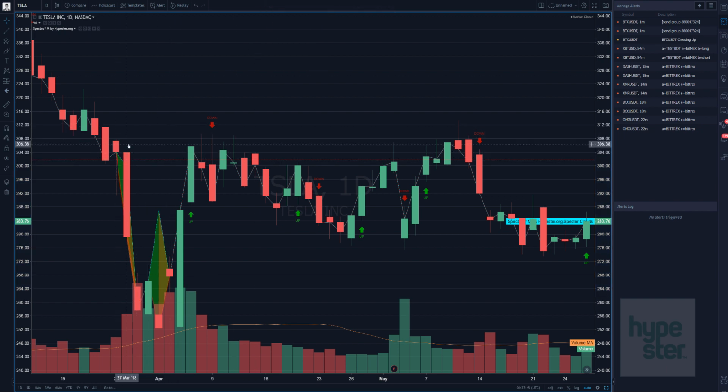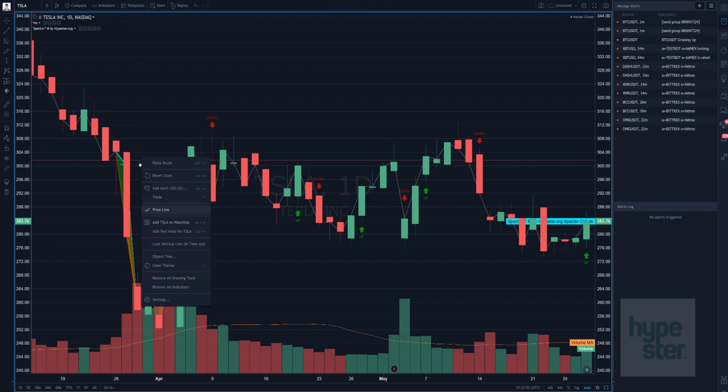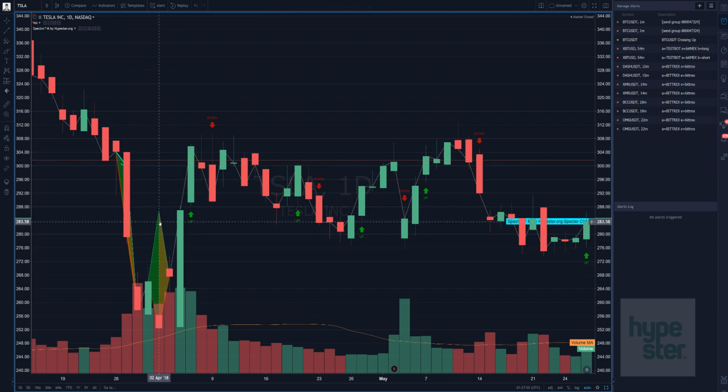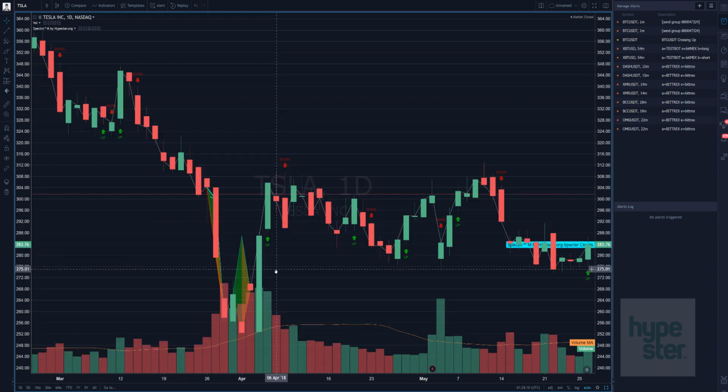But you see that the moment the spectral lines start to appear, you see the blue line here, they diverge. What does that mean? It means that when the spectral cloud is greater than the Spectre basis, you get an alert.